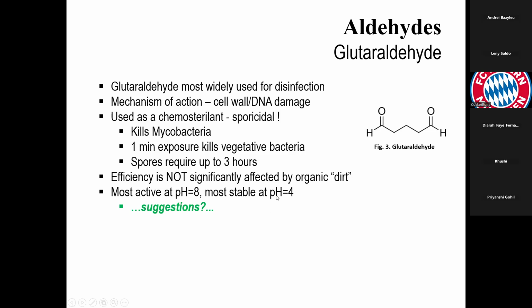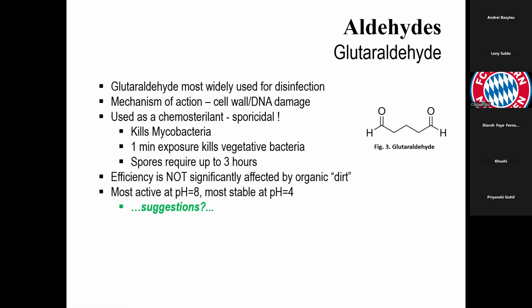You keep it at pH of 4, but right before you are ready to employ it, you must adjust the pH, because if you use it at pH of 4, its activity is going to be low, and you're never going to know what happened, right? You know, in BI-209 lectures, they told me it's a good disinfectant, but it doesn't work for me. pH can absolutely be a factor.